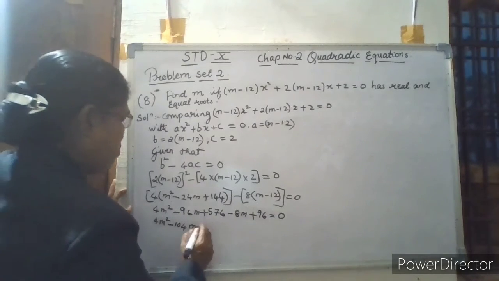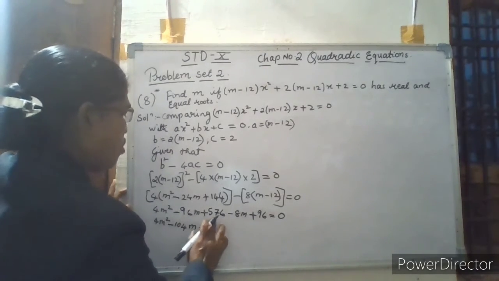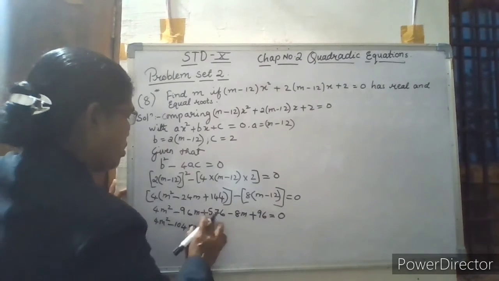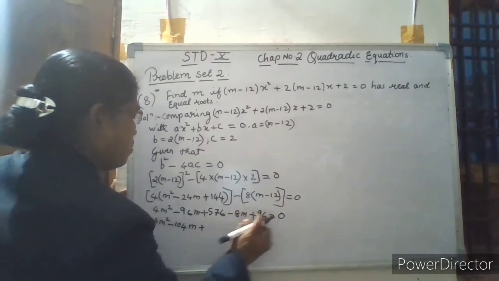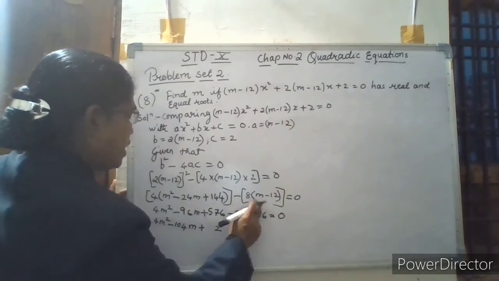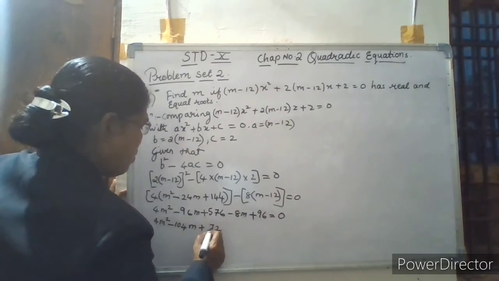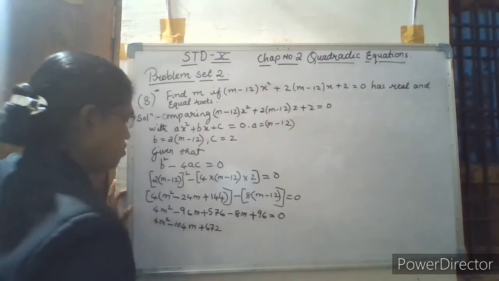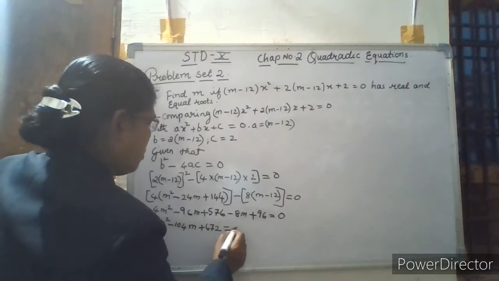Then plus, we have got this also same sign, so this also you add. 6 plus 6 is 12 here. Carry 1, 9 plus 1, 10. 10 plus 7 is 17. Carry 1. So this will give you 672 equal to 0.